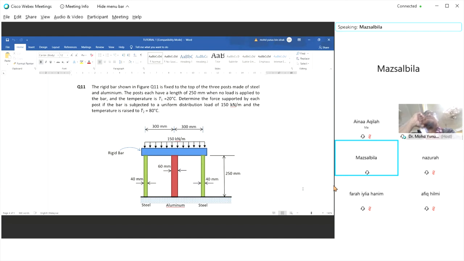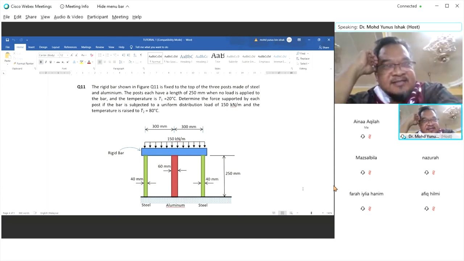Determine the force supported by each post if the bar is subjected to a uniform distributed load of 150 kN per meter and the temperature is raised to T2 equal to 80 degrees Celsius. Okay, you can try these questions.